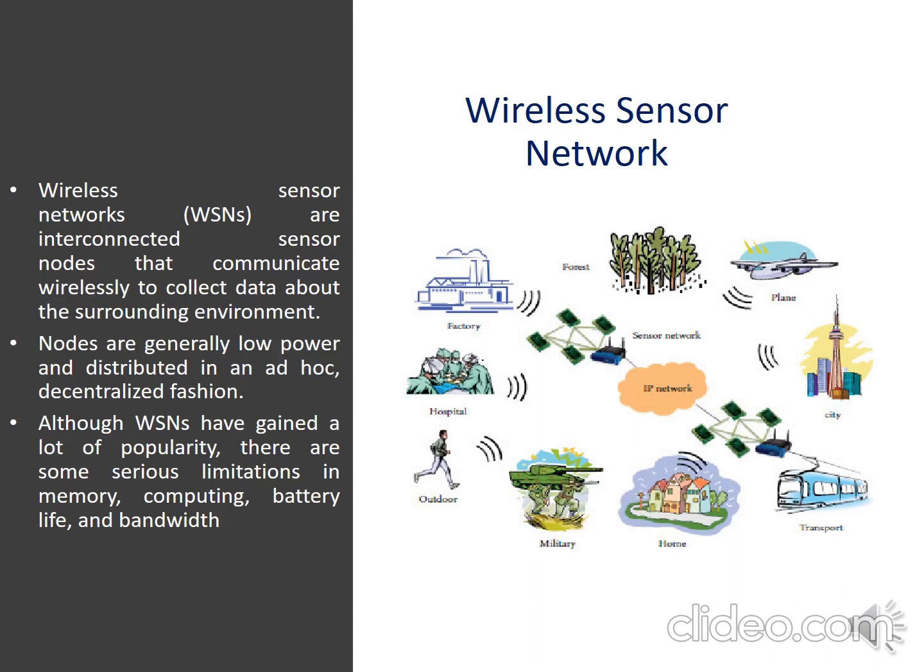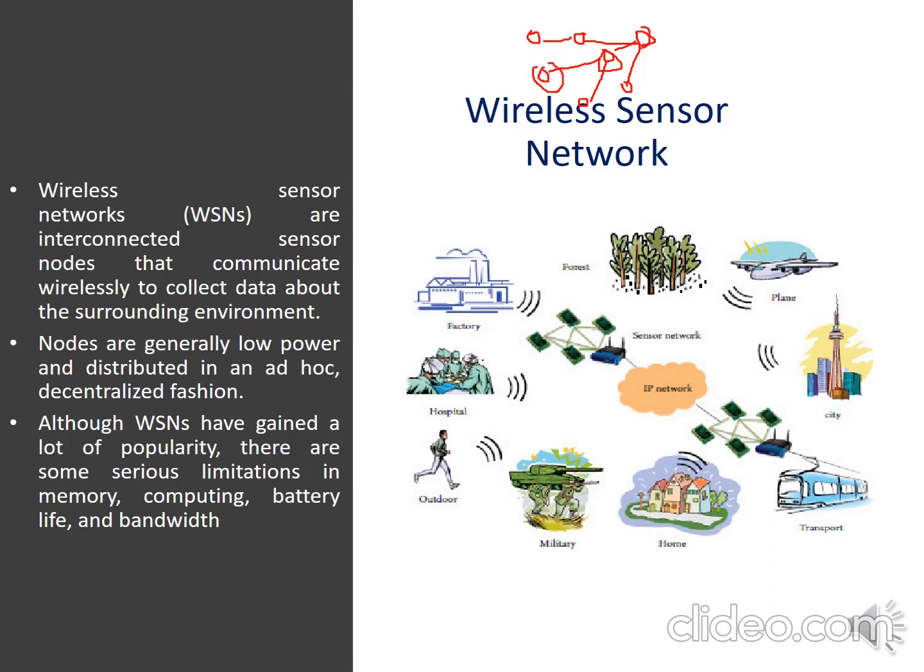So what is a wireless sensor network? It is interconnected sensor nodes. If you have some sensors, these are different sensors interconnected wirelessly.